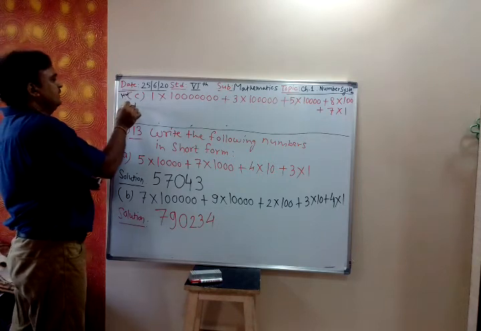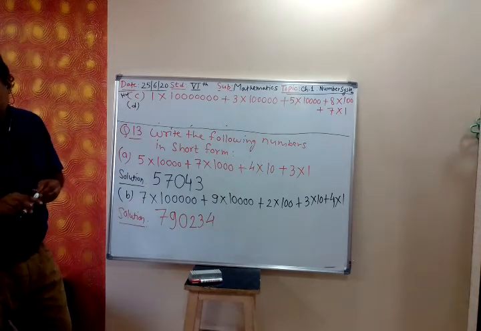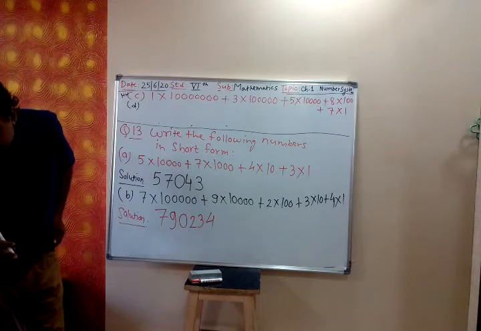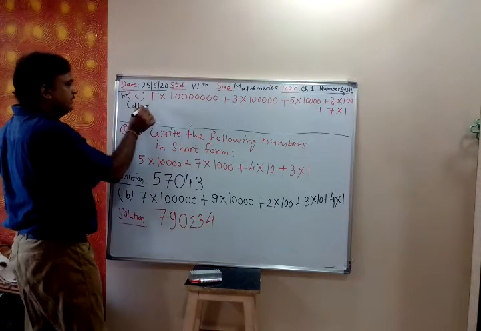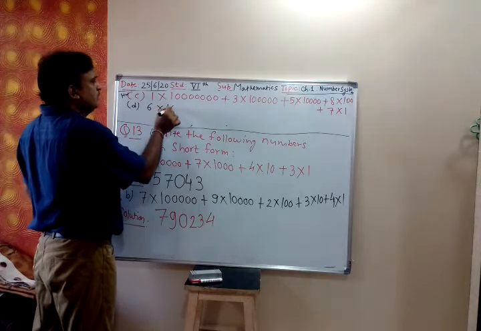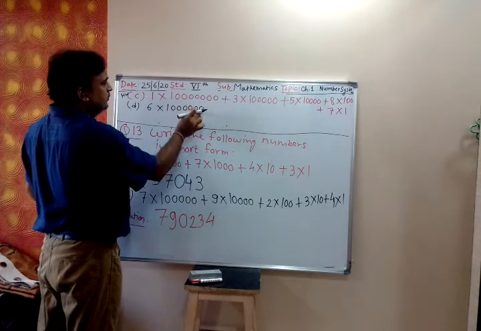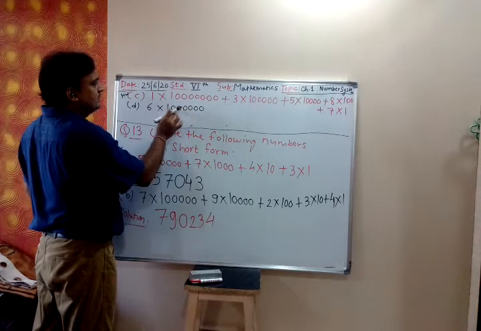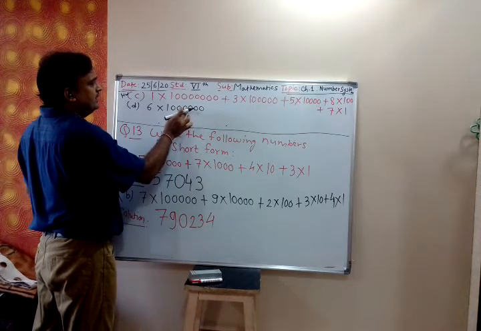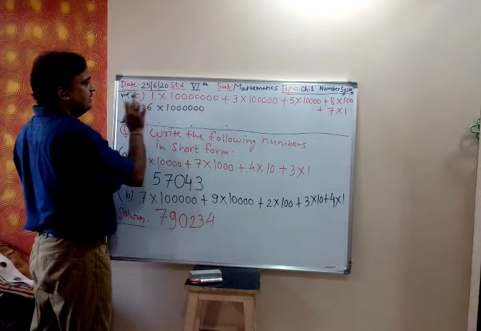Now D is 6 into 10 lakhs. Counting places: ones, tens, 100, 1,000, 10,000, lakhs, 10 lakhs.